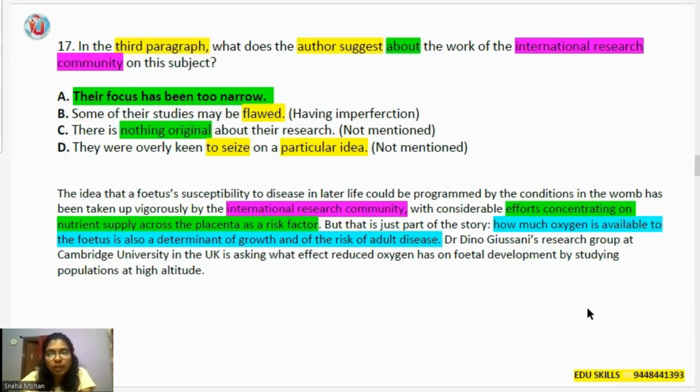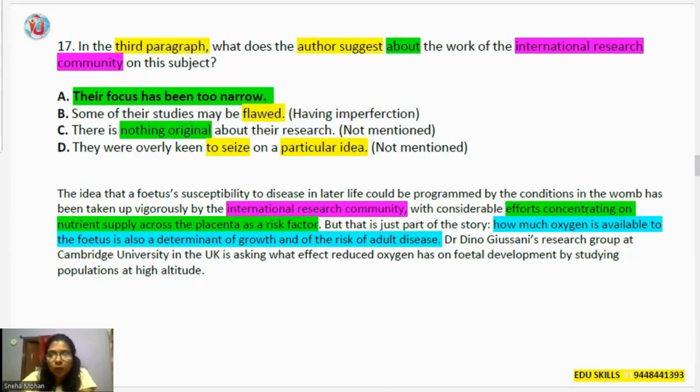So what did they study about? What did they think about here? They've taken considerable efforts concentrating only on the nutrient supply. Efforts concentrating on nutrient supply across the placenta as a risk factor.